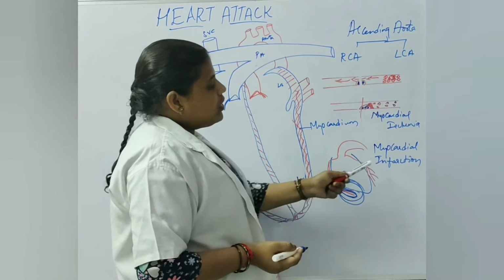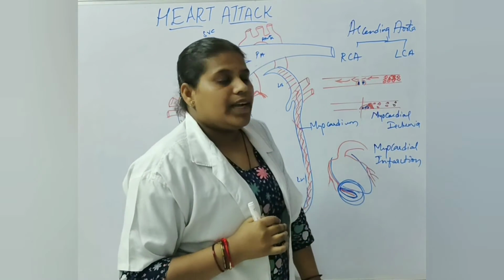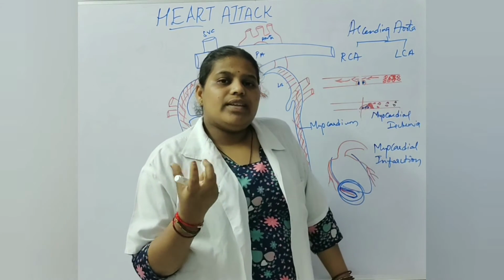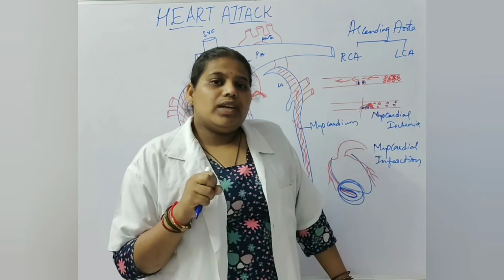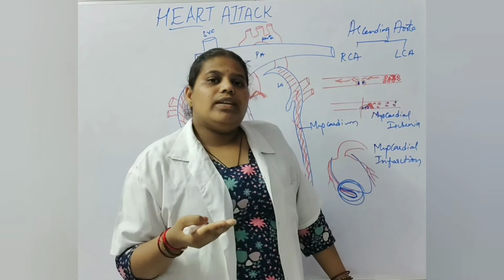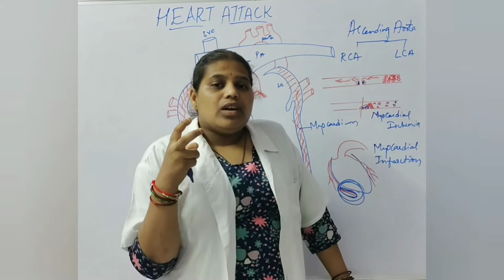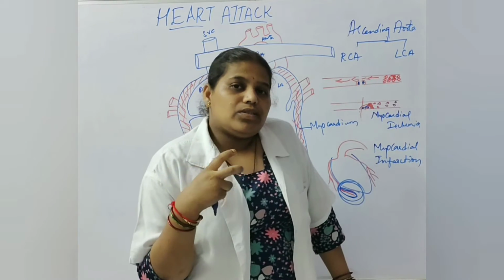So this leads to myocardial infarction. Myocardial infarction is also known as a heart attack. Due to the lack of supply of oxygen and nutrients to the heart muscle, the myocardium, it leads to a heart attack. Oxygen is necessary for the heart muscle for its work and function. So this leads to the heart attack.